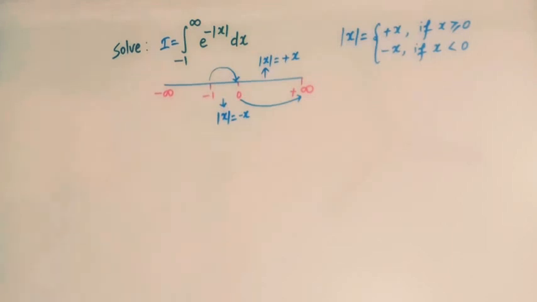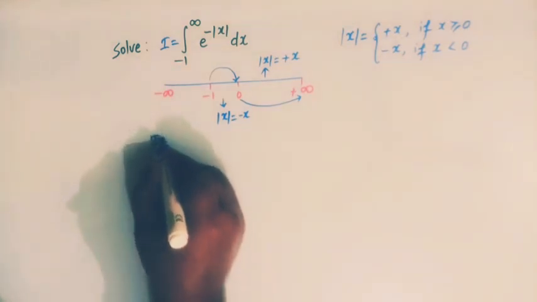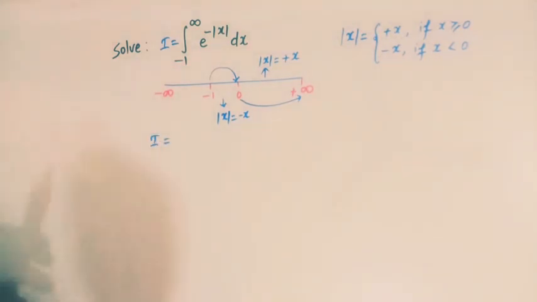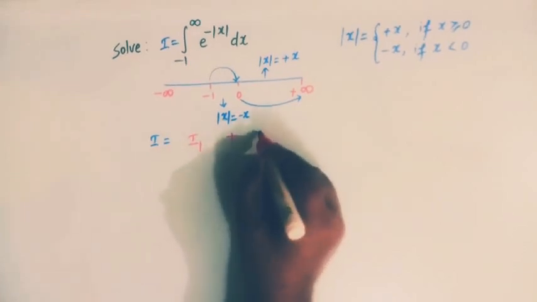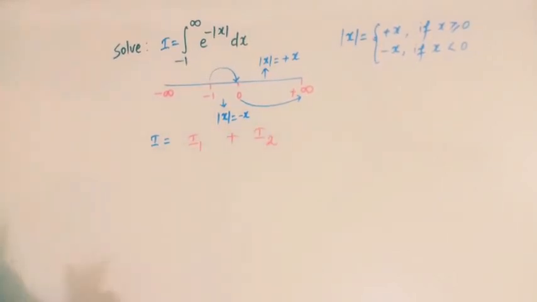So let us split this integral I into two integrals. Now we can write this integral I as a sum of two integrals. The first one is I1 and the second one is I2.